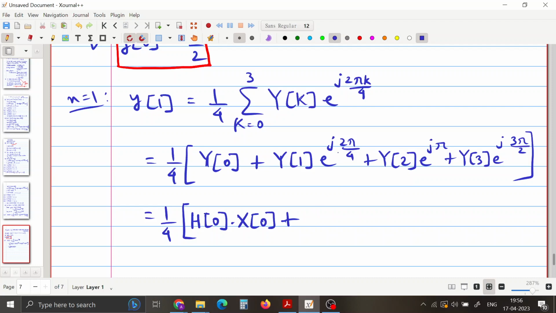So again e power j 2 pi by 4, what is that? It is equal to j, and y of 1 I am writing as h of 1 times x of 1, and what is e power j pi? It is minus 1. Okay, and what is e power j 3 pi by 2?